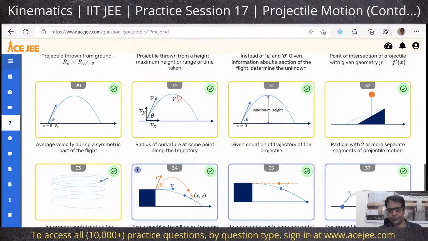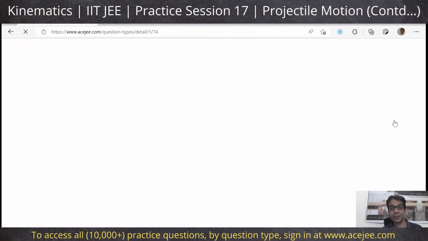So in 32, what do we have? Let me go inside the question type 32. Here we will have a projectile that undergoes an abrupt change in its path or in its motion.